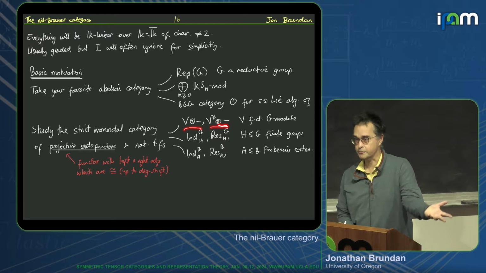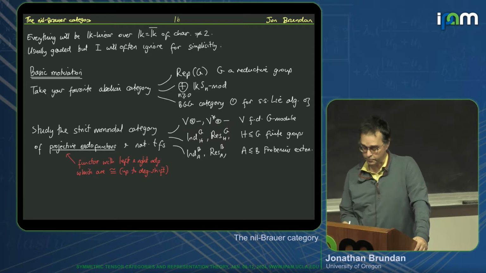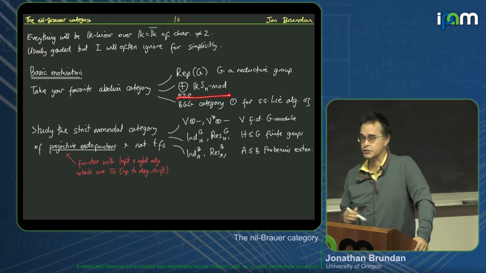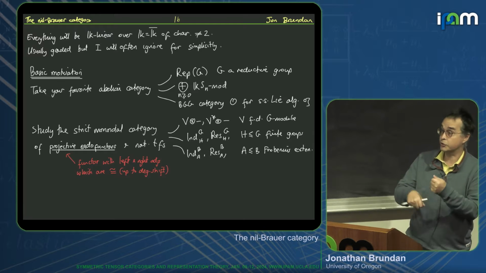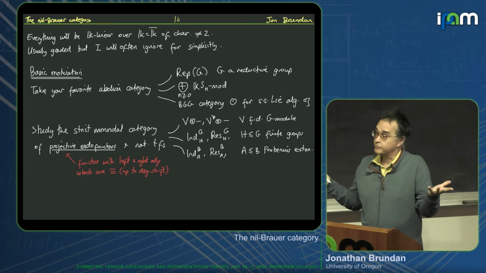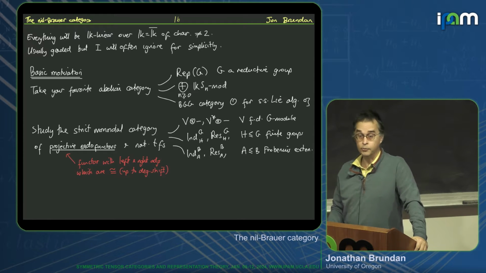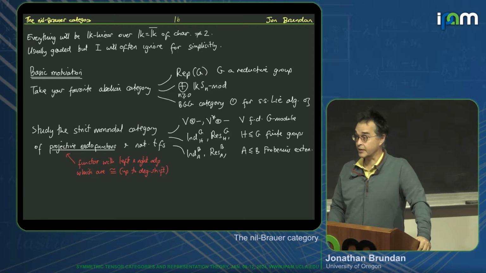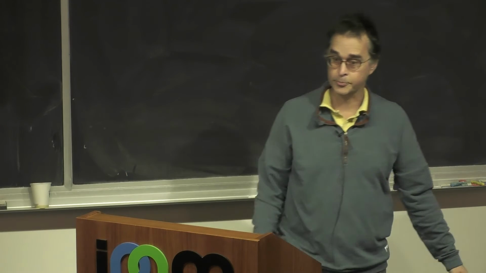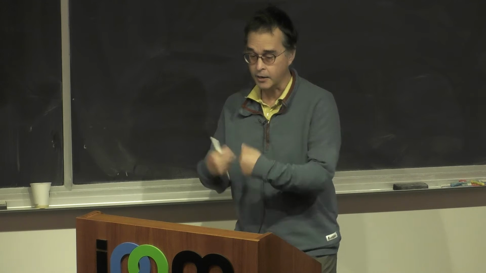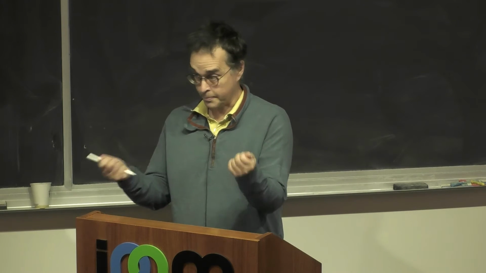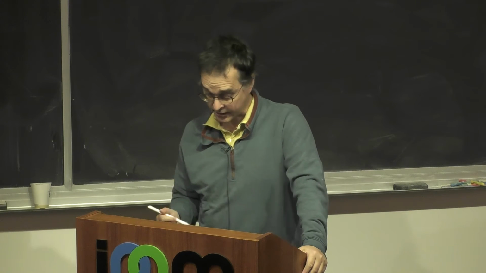Those are examples of projective functors in my sense. Or if I'm studying representations of symmetric groups, induction and restriction from, for example, Sn to Sn+1. Any subgroup of a finite group, induction from that subgroup to the group and restriction back down again are an adjoint pair of projective functors in that setting.